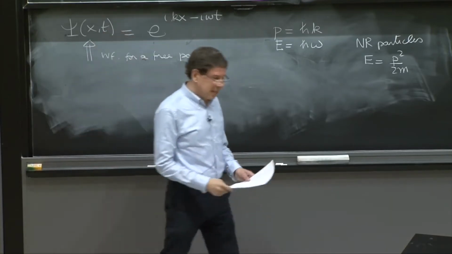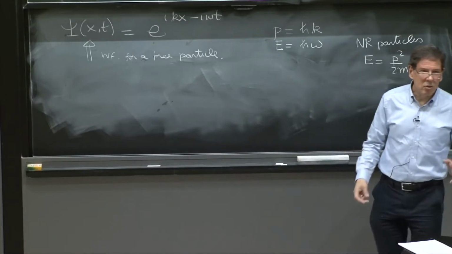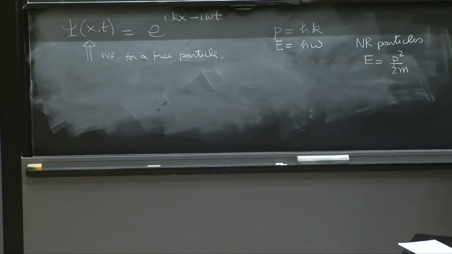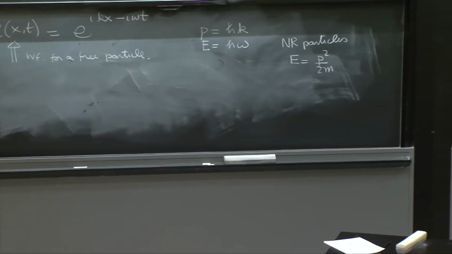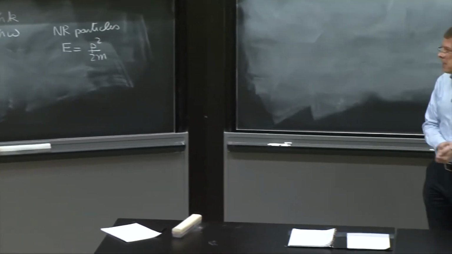And the task that we have today is to try to use this insight, this wave function, to figure out what is the equation that governs general wave functions. So you see, we've been led to this wave function by postulates of de Broglie and experiments, Davisson and Germer and others, that prove that particles like electrons have wave properties.